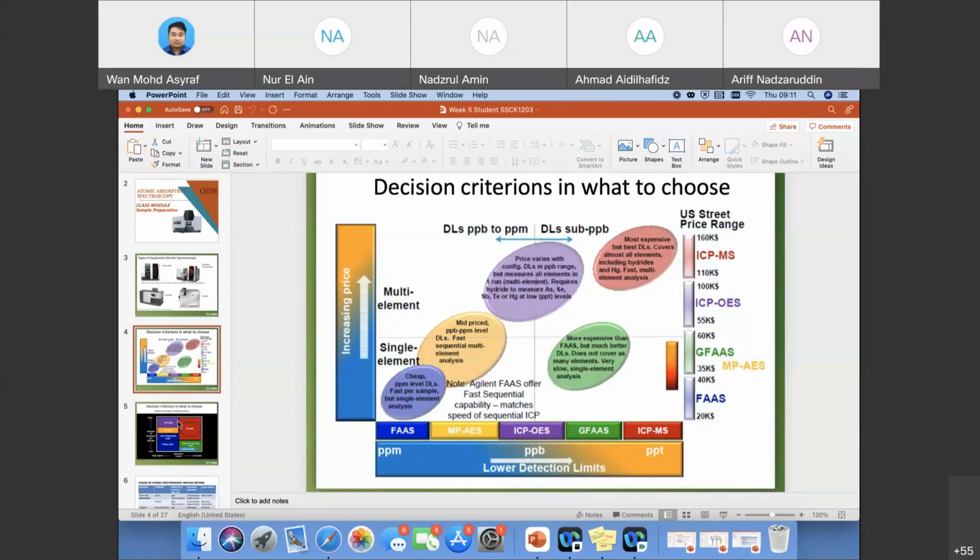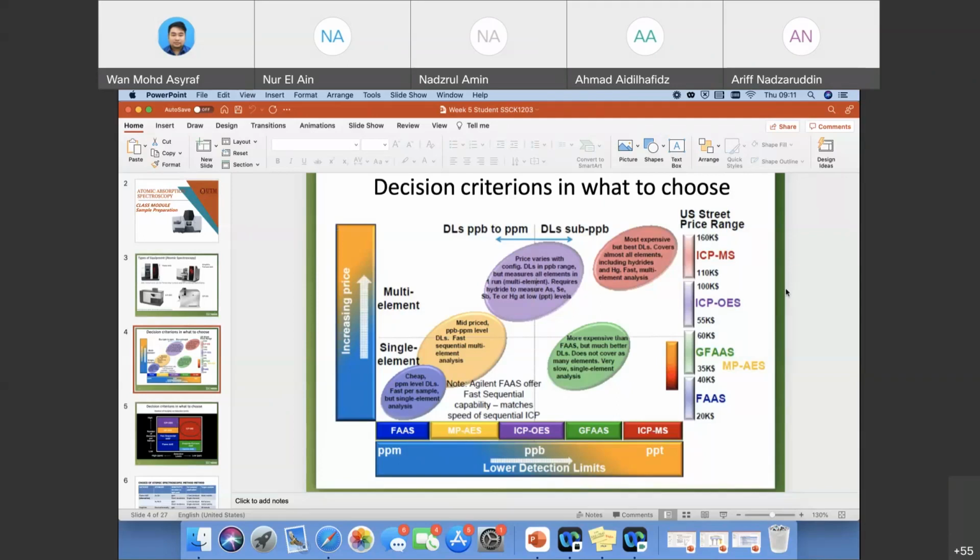That's how your decisions should come through. Up until this point, do you understand how to use this chart? Okay, let me look into the chat. I believe there are some questions.